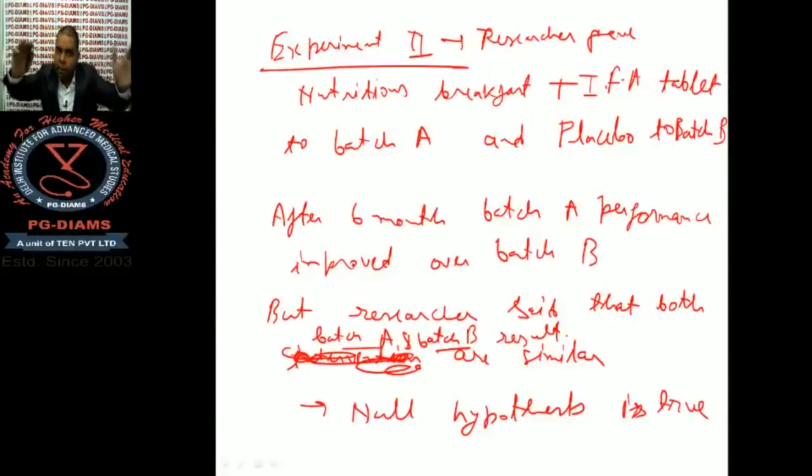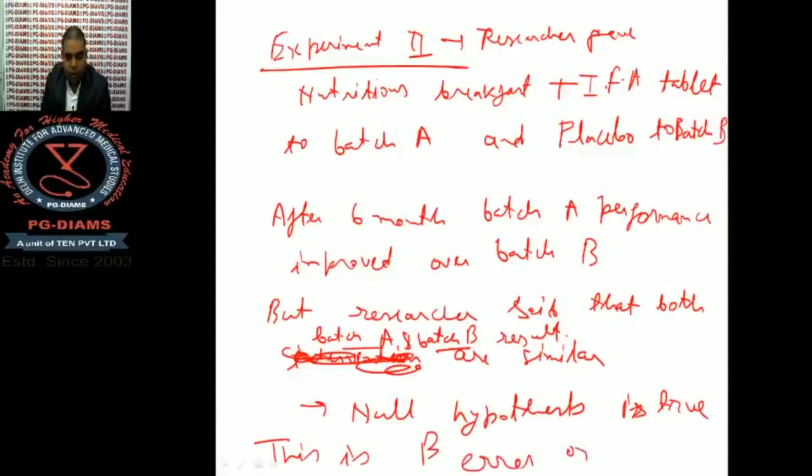This was the null hypothesis which we decided before starting the study. So this type of error, that even if you are getting a significant result and you are saying that your result is not significant, is type 2 error, or beta error.